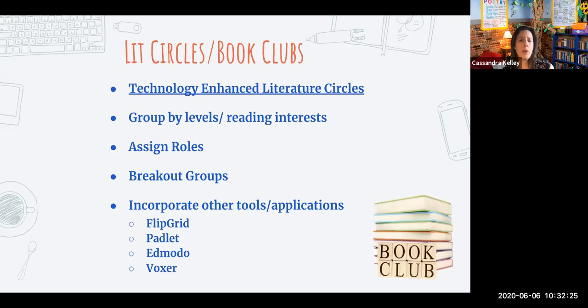But what you typically do is, let's say you're using an assessment called the DRA. So let's say you gave the DRA and you know that they're all on a level M. And it's similar, like there's different assessments that give you reading levels. But then you pick like 5 books on that level, and you let the kids who are going to work together decide which book they want.